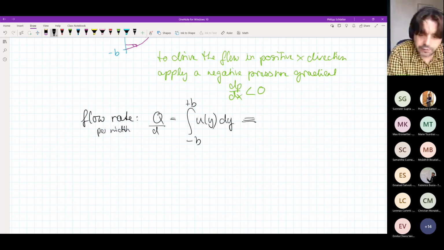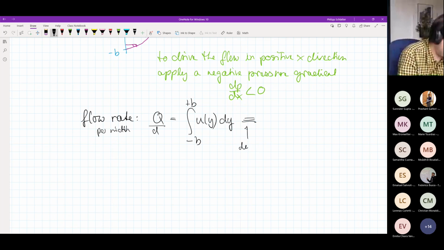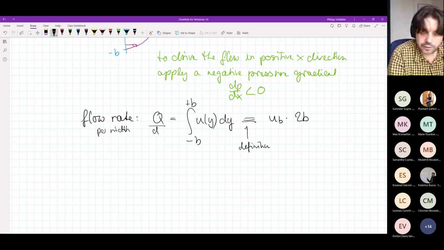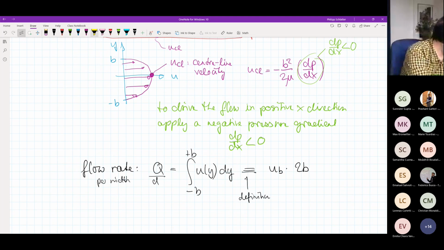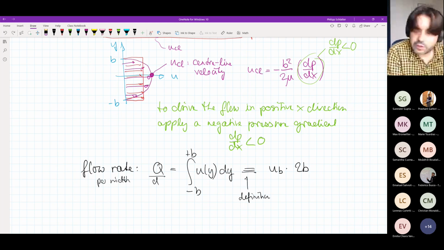That's why I'm doing here 3 lines to say that this is actually a definition. We can say that this is another velocity, which we call ub times the height of the channel, which is 2b. Now, what is this ub? Well, this ub would now be the velocity if we assumed that everything was uniform, that everything was a constant.